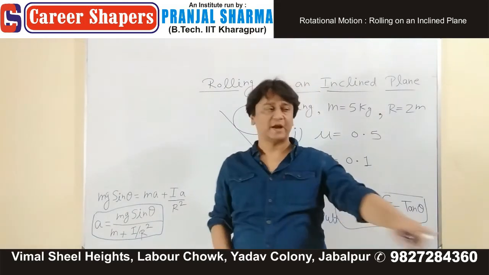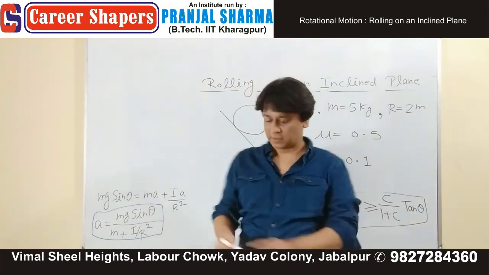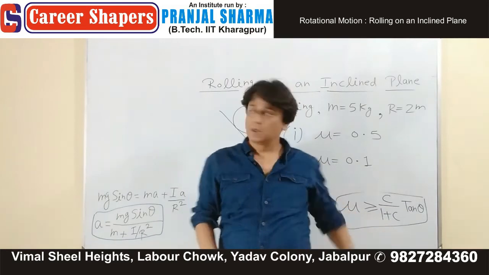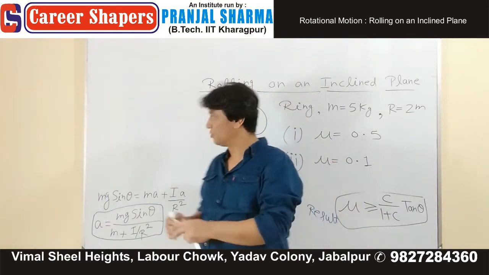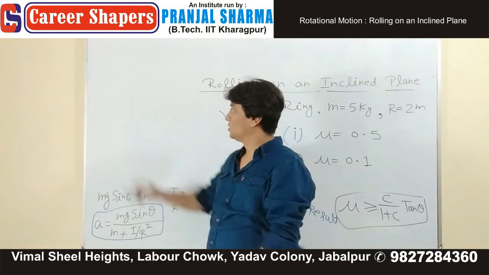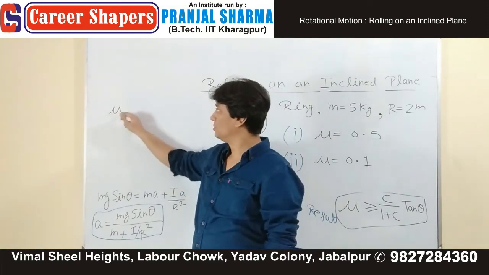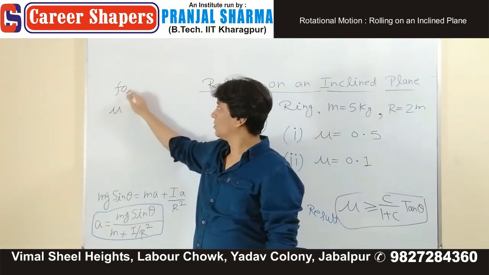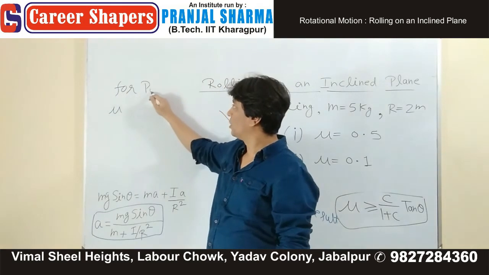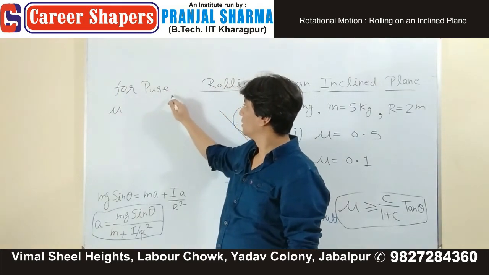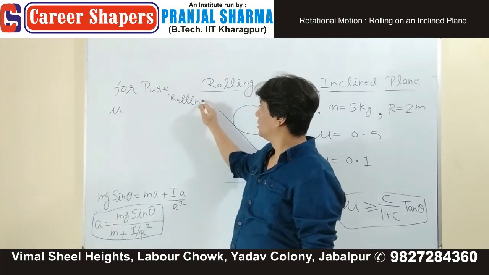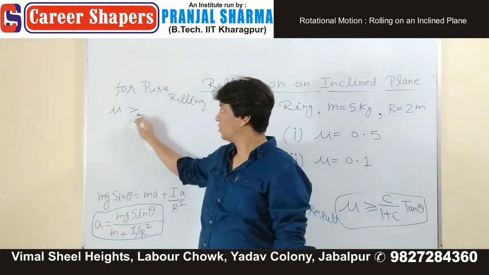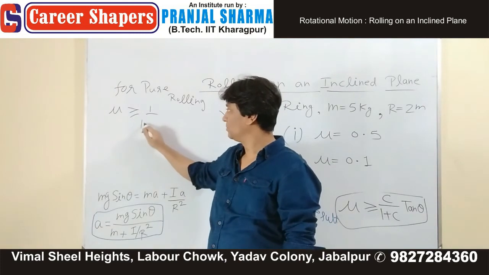You need to decide using mu whether the body can roll in pure rolling mode or not. So for this question, for pure rolling, mu should be greater than or equal to c upon 1 plus c.